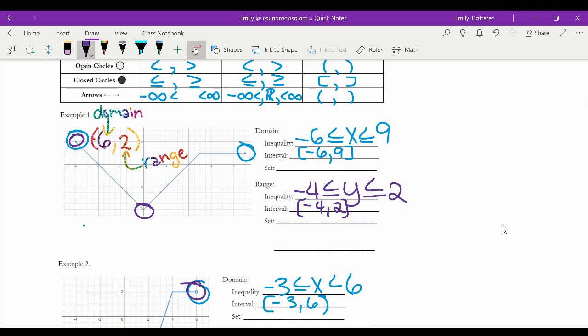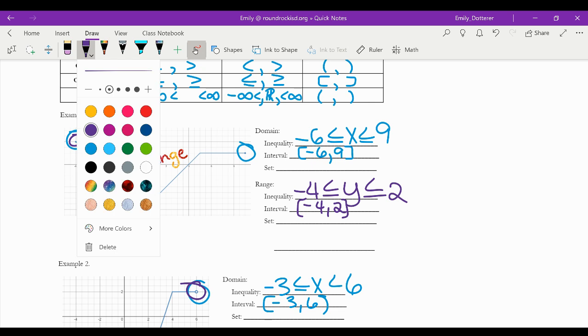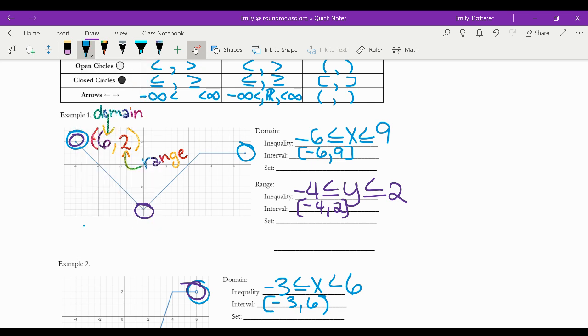So now we're going to do set notation. Set notation uses curly braces. When you're drawing them, if you're having trouble, you're going to do almost like an elongated S. And then you're going to do the reflection.